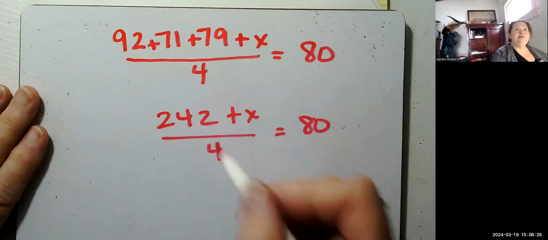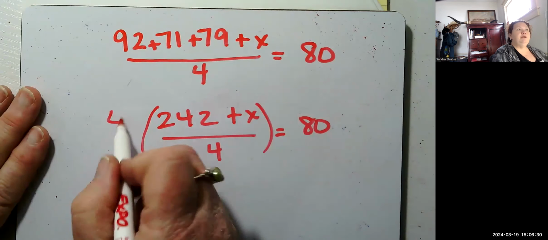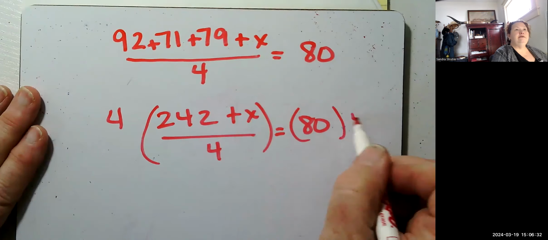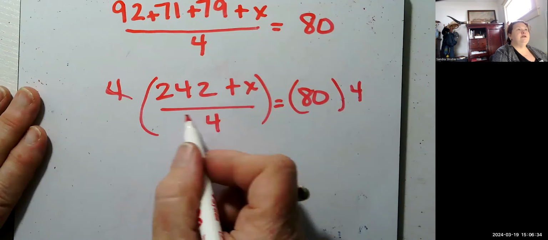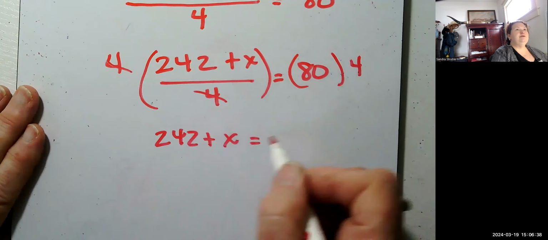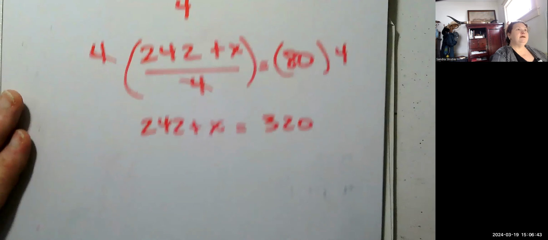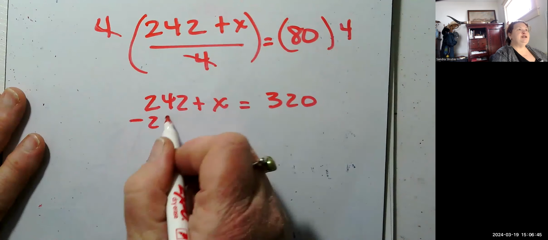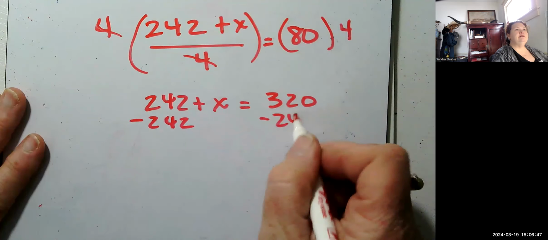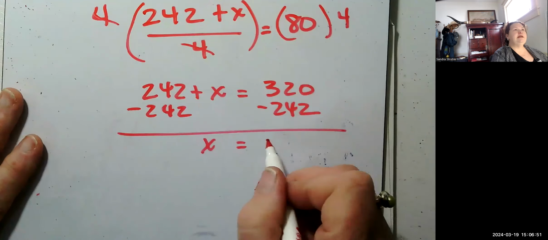All right, now I want to get rid of the fraction, get rid of the 4 in the denominator. To do that, I just need to multiply both sides by 4. 4s are gone here. We're left with 242 plus x is equal to 80 times 4 is 320. Solving for x, I just need to subtract 242 from both sides. And we get x is equal to 78.